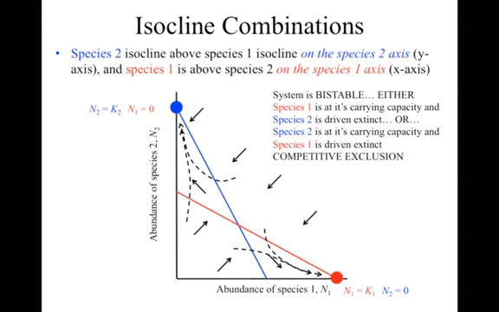So in either case, we get competitive exclusion, but exactly who the winner is depends on your initial conditions, on whether you start with a ton of species 1 and very little of species 2, or a ton of species 2 and very little of species 1. It depends on where exactly you cross those isoclines, and then which axis you drift off towards, the y-axis or the x-axis.